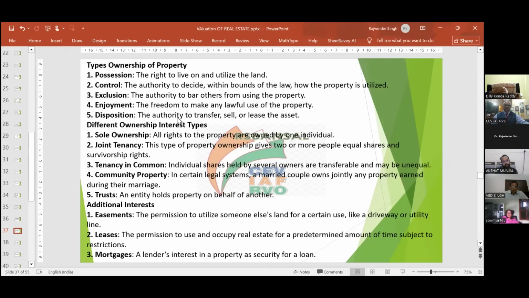Then leases. Leases mean you have the permission to occupy and use that property, subject to the restrictions as mentioned in the lease deed. We will discuss leasehold property in the coming slides. As of now, you might understand it is a type of right. And mortgage. A lender's interest in a property as security for a loan. That is the mortgage right.